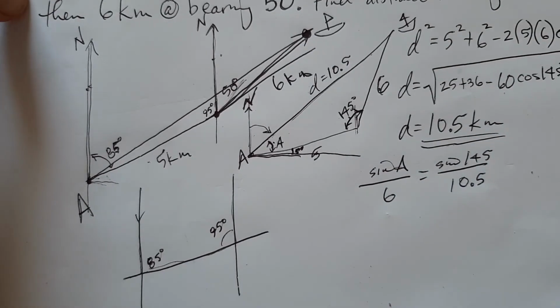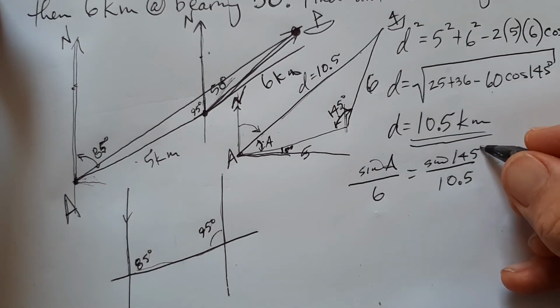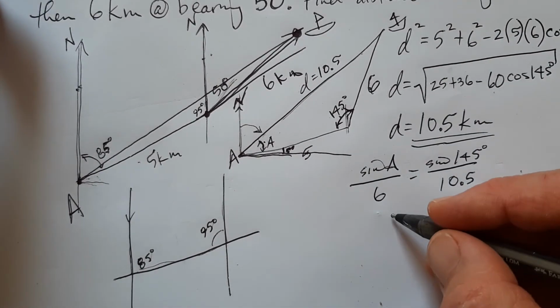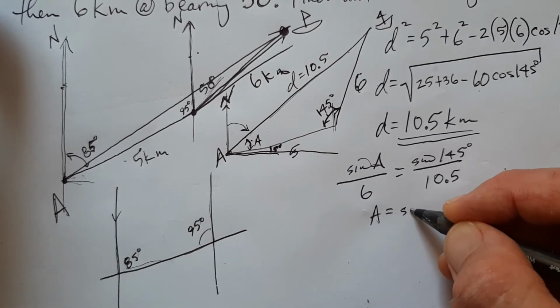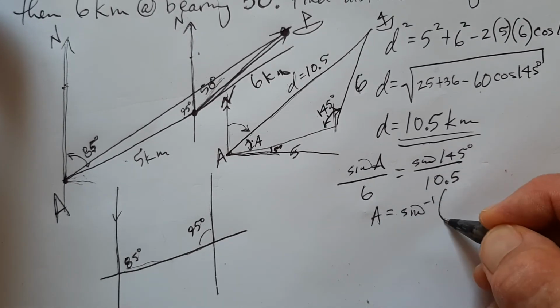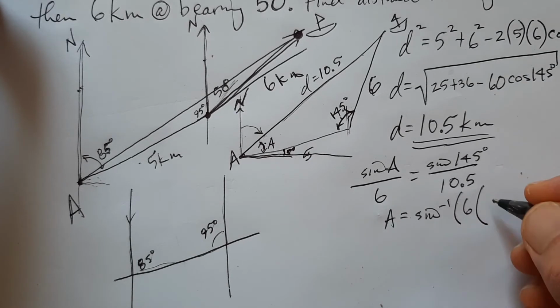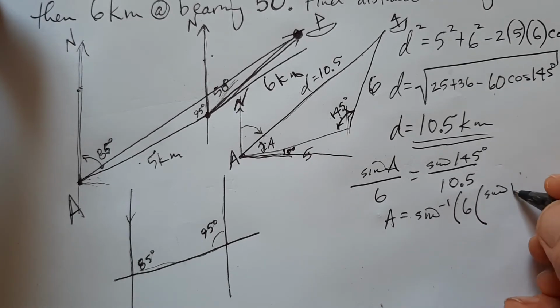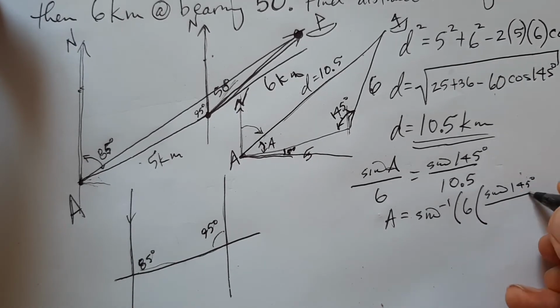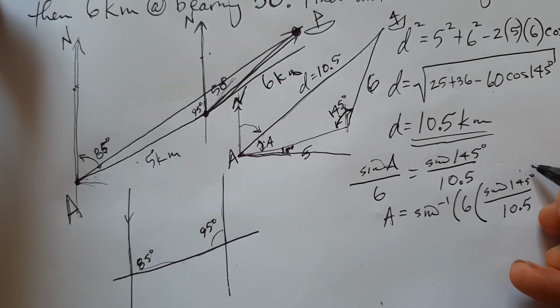My law of sines. Then I'd multiply it over here, so A equals sine inverse of 6 times sine 145 over 10.5.